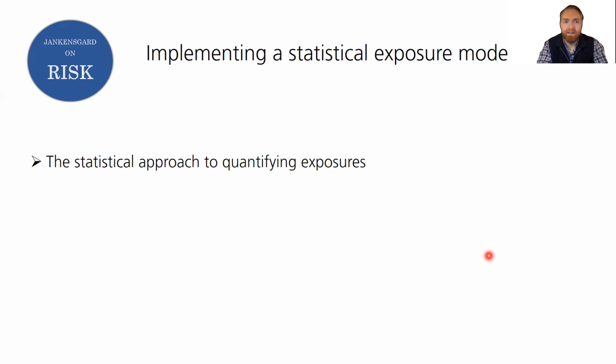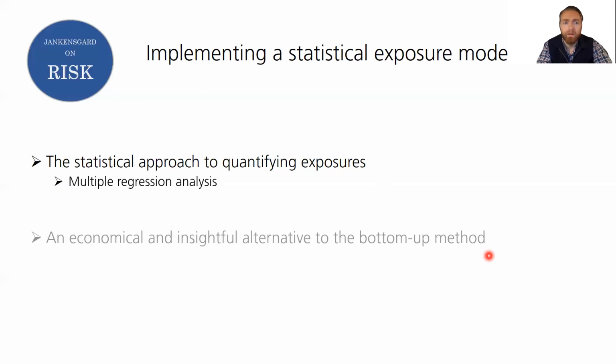All right, so the statistical approach to quantifying exposures, we've introduced that in other videos. It's essentially about using multiple regression analysis to quantify exposures. So we explore data on performance and data on risk factors to establish a relationship between these two and use that to quantify exposures.